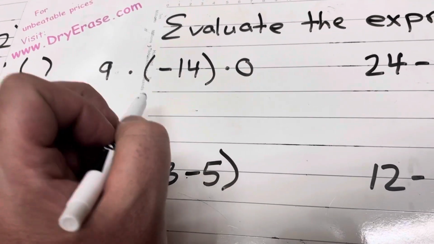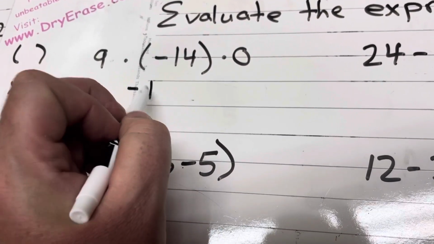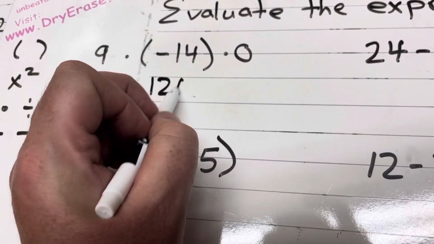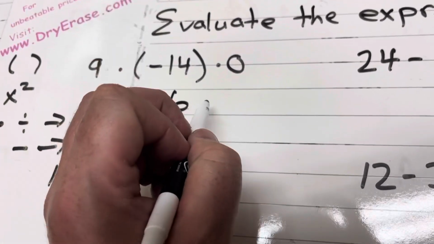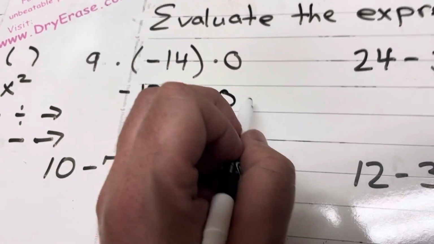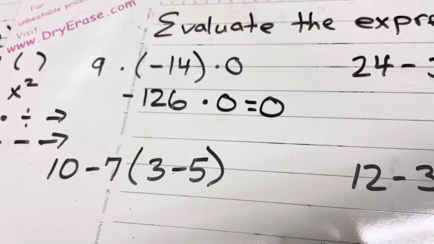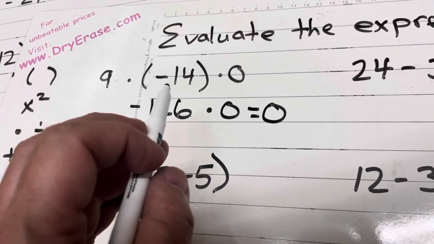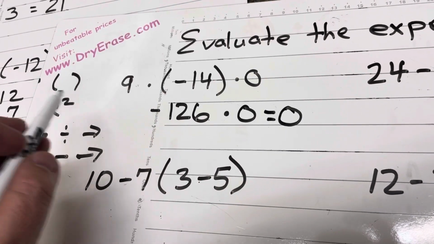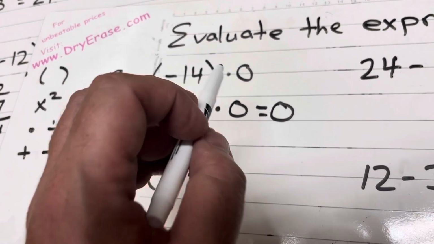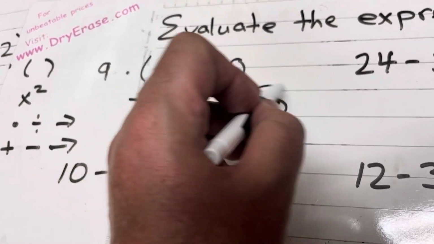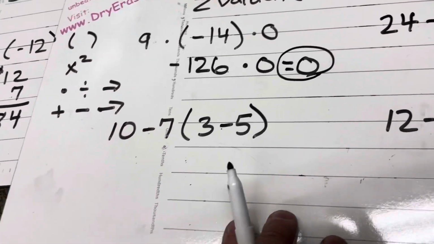It actually equals, in case you were interested, negative 126. But if I take that negative 126 and multiply it by 0, that's going to be 0. Doesn't matter how big these numbers are. When I multiply by 0, it's going to end up equaling 0, and that's my final answer.